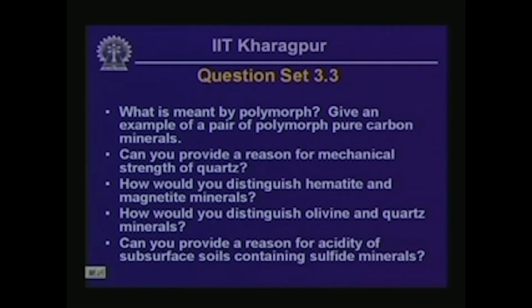Now, polymorphs are a bunch of minerals which have the same chemical composition or chemical formula, but they have different crystallographic geometry or different structure really.